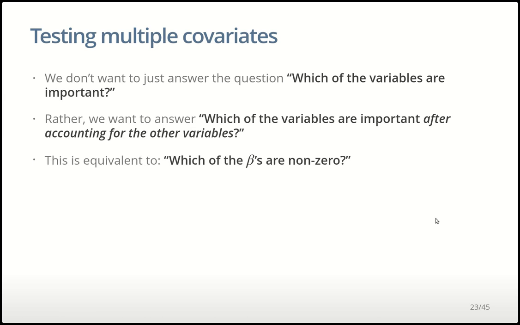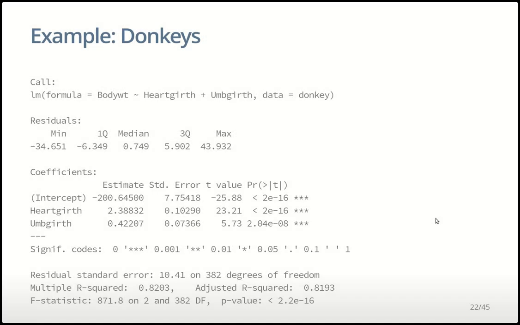Now the key thing we need to be careful of here is what the definition of this p-value is. The p-value here isn't answering the question, is umbilical girth important? Rather, it's asking the specific question, is umbilical girth important after controlling for heart girth, so after taking heart girth into account.